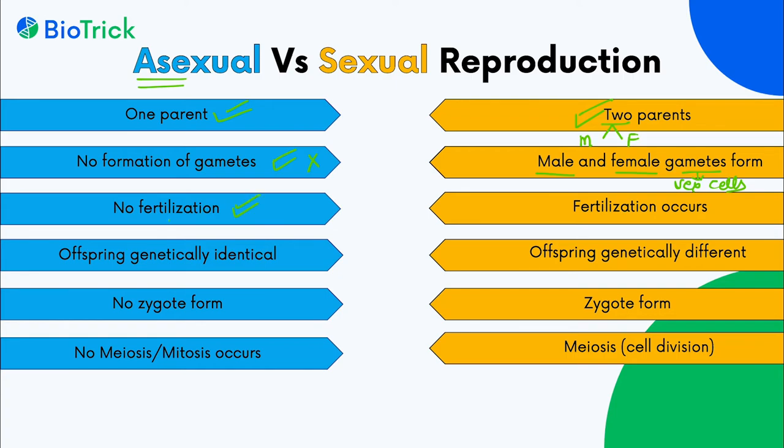In asexual reproduction, no fertilization occurs because there are no gametes or sex cells. While in sexual reproduction, fertilization of male and female gametes occurs. Since sex cells and fertilization are absent in asexual reproduction, the offspring are genetically identical to the parent. While in sexual reproduction, offspring is genetically different from both the parents.